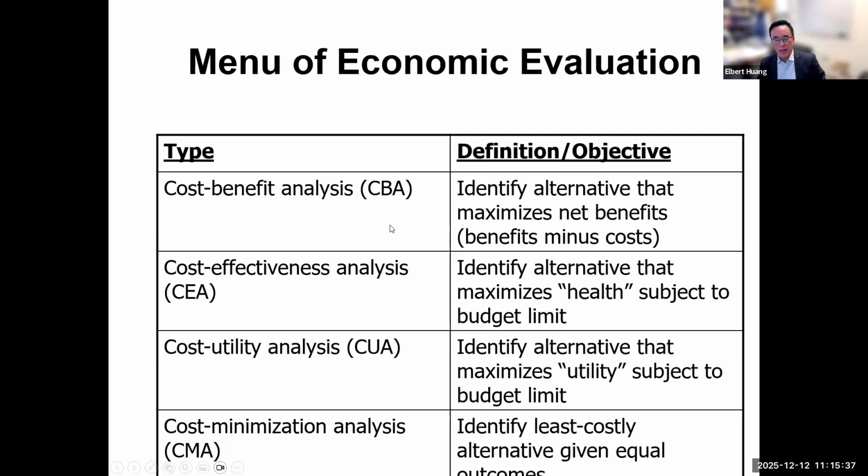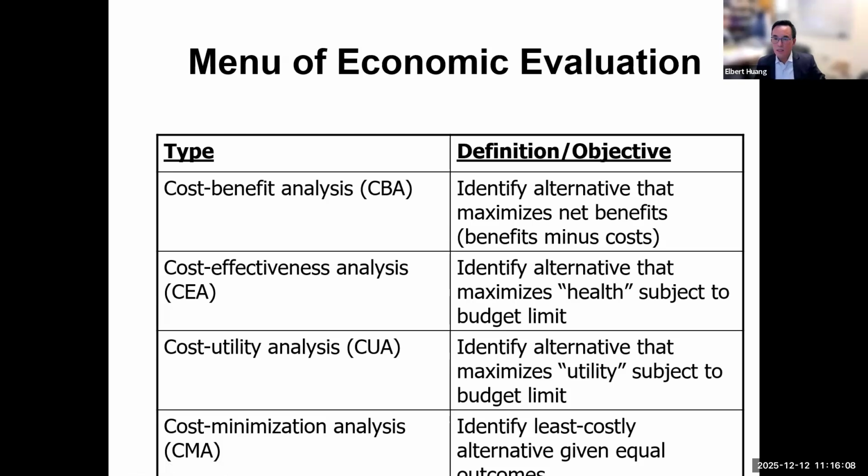In cost-benefit analysis, you identify the policy option that maximizes net benefits. The key thing is that both the benefits and costs are all expressed in dollars. So health outcomes, like how long you live and the quality of your life, all have to be transformed into a dollar value. That allows for an overall analysis that just spits out a dollar value. I'll show you later how these are interrelated.